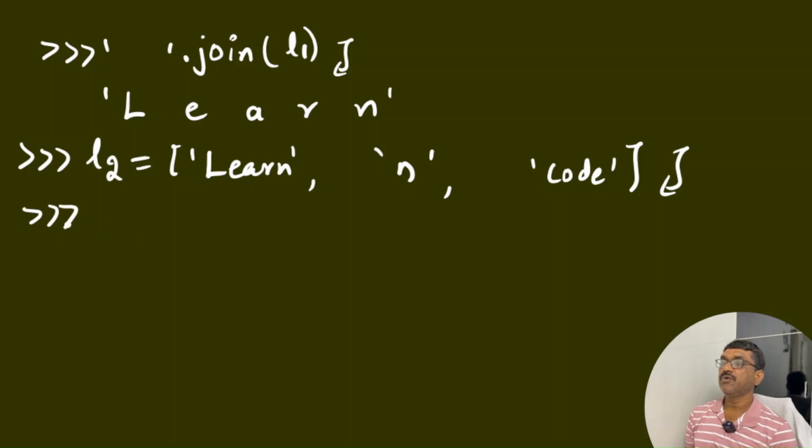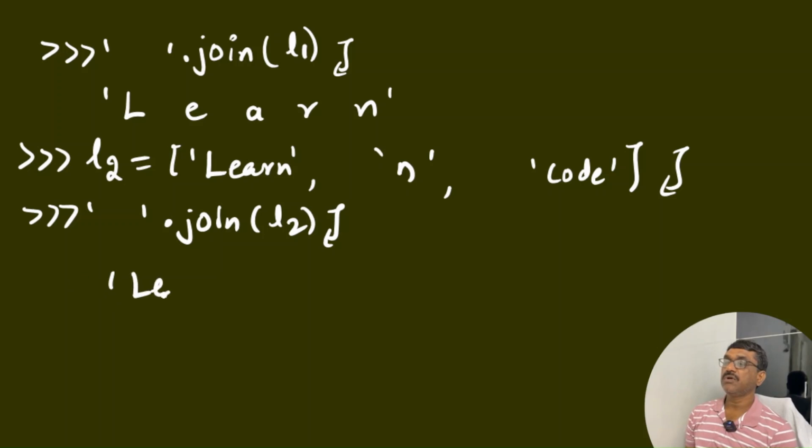Now here I'm going to use the separator as the empty space, dot join. Next I'm going to use the iterable L2 and press enter. So in this case, what I'm going to get here is, in single quotes, learn space N space core. So this is how we are going to join these.